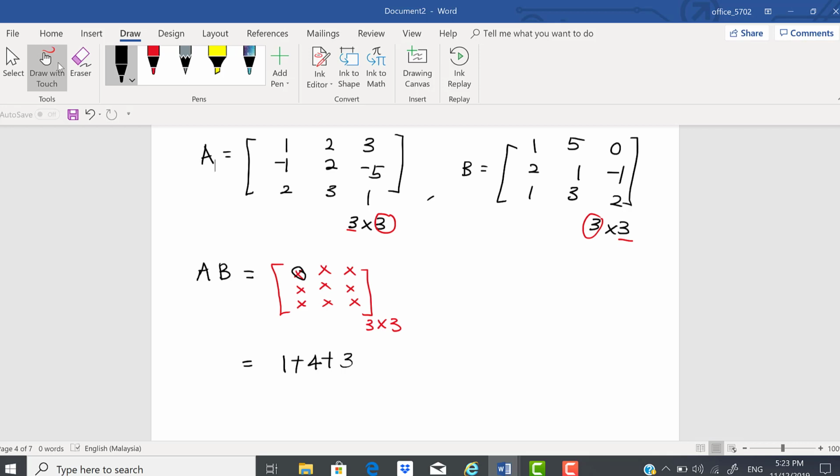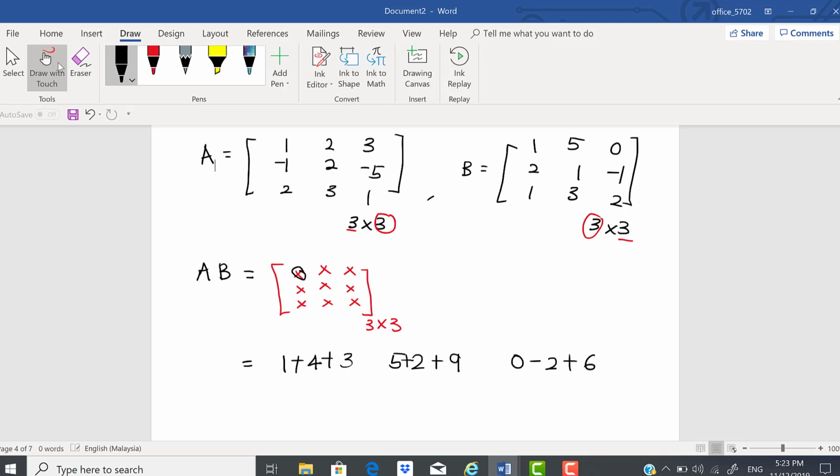For the second element, this row times the second column. So 1 times 5, we get 5. 2 times 1, you get 2. Then 3 times 3, you get 9. Then 1 times 0, you get 0. 2 times negative 1, you get negative 2. And 3 times 2, you get 6.